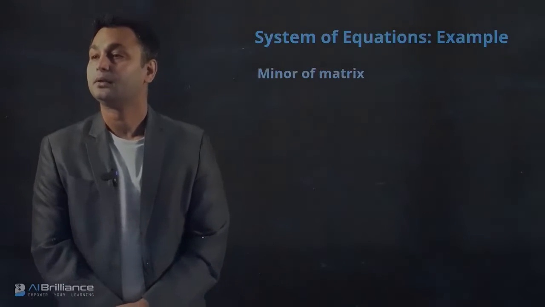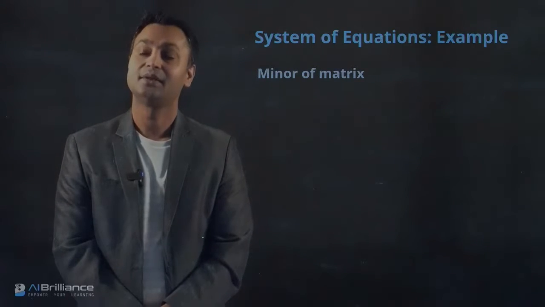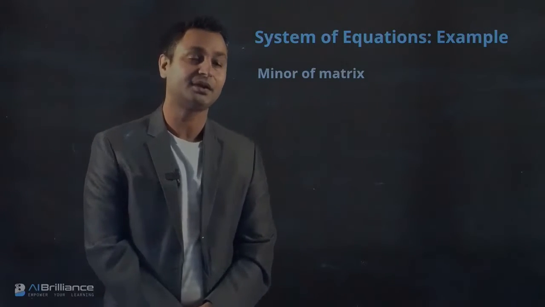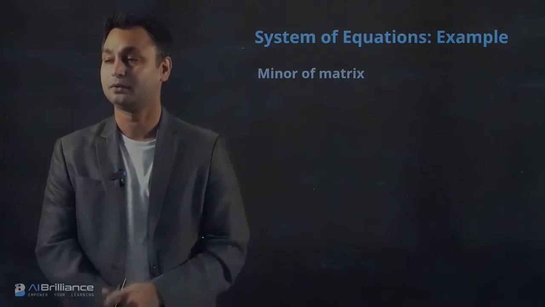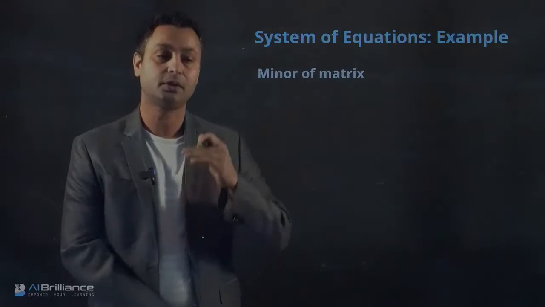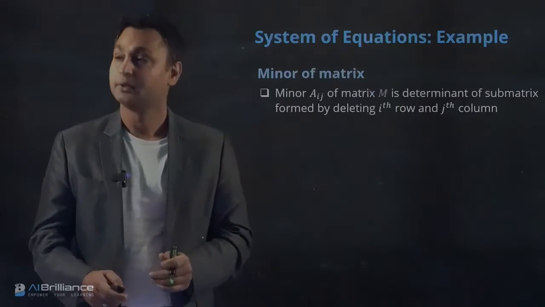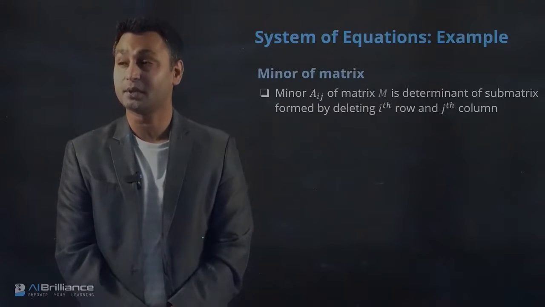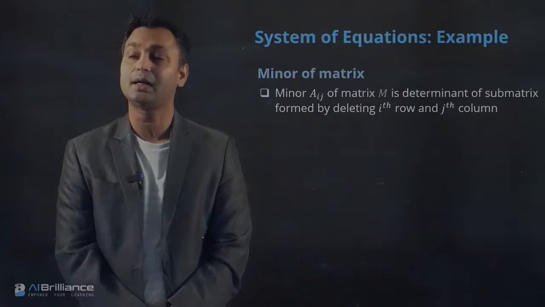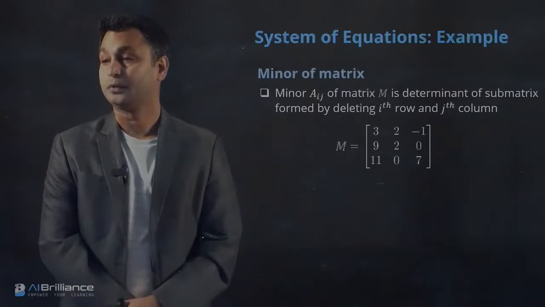So let's start with first understanding the minor, then the cofactor, and then the adjugate, because we need to go in the reverse order: begin with the minor of a matrix, then compute the cofactor, and then go to the adjugate. The minor of a matrix, Aij, is the determinant of a submatrix formed by deleting the ith row and jth column. Let's understand what this means.